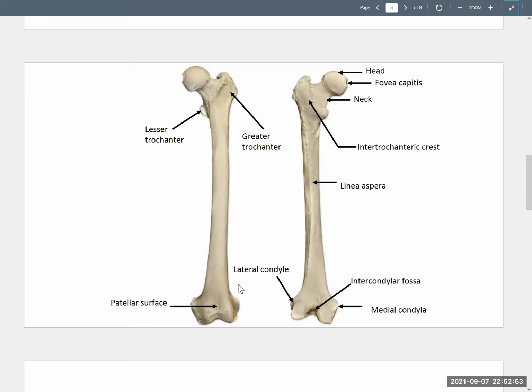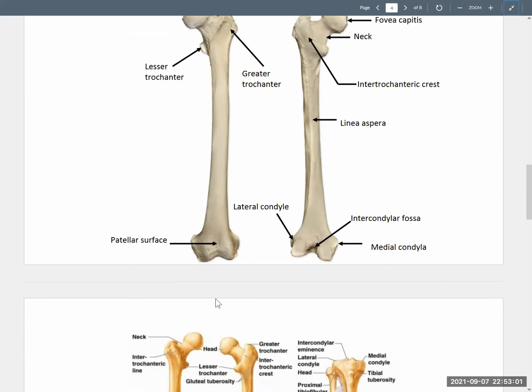Let's come down, starting with one on the left, to that smooth surface. That's the patellar surface. You'll notice these two bumps on either side. Turn it backwards, turn it posteriorly. Let's go to the medial side because here's the head and come down to here. This is the medial condyle and the lateral condyle is over here.